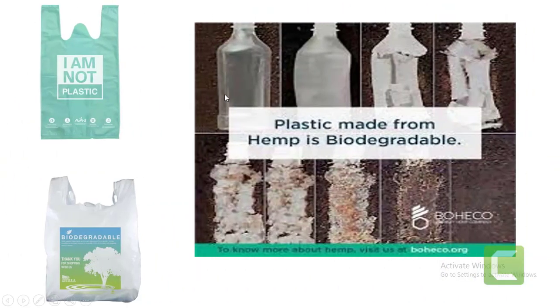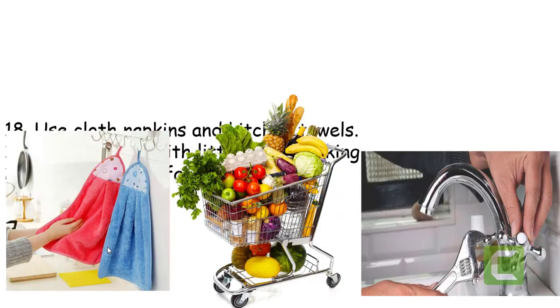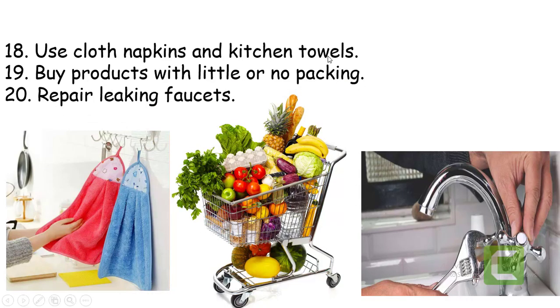Like this plastic, you see, it takes about 50 days to break down into the soil, because it is made from plants. This bottle is also not plastic. We call it biodegradable plastic, a biodegradable bag. So use cloth napkins and kitchen towels like that, to prevent using tissue.